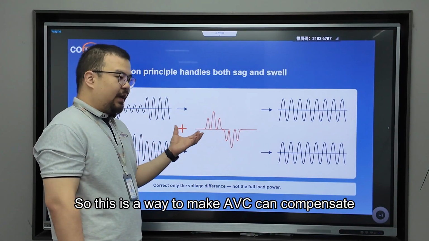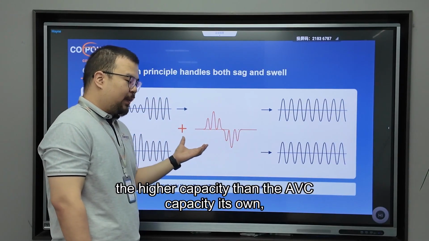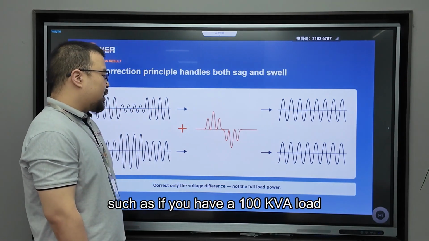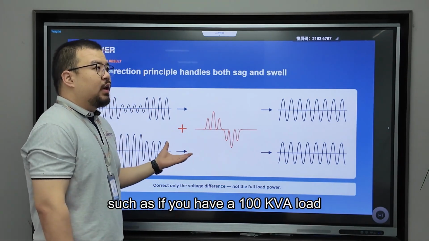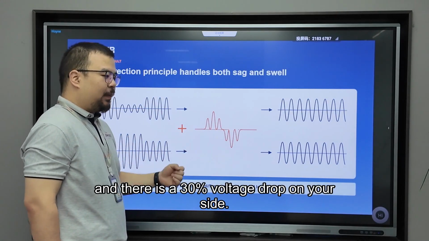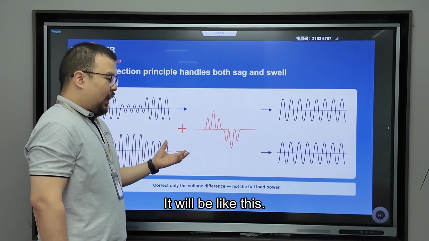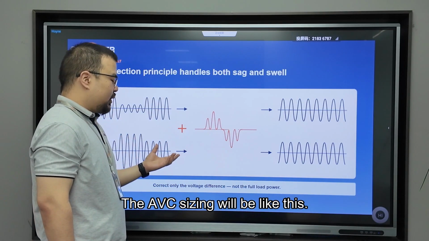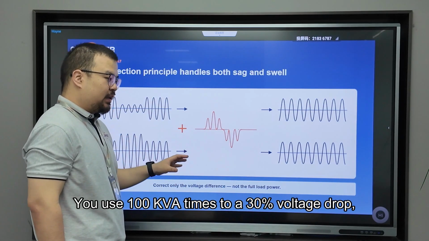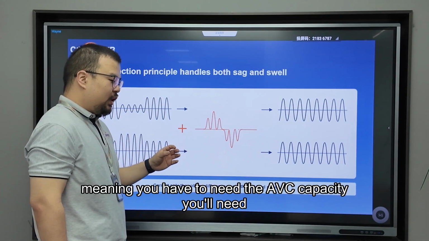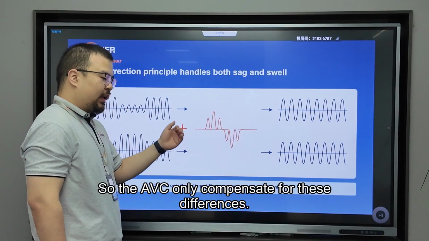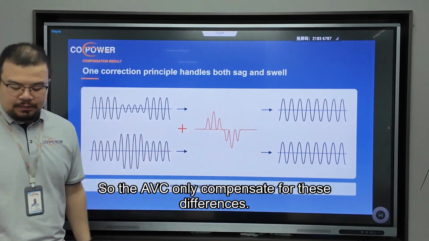So this makes the AVC able to compensate a higher capacity than its own capacity. Such as if you have a 100 kVA load and there is a 30% voltage drop, the AVC sizing will be 100 kVA times 30%, meaning the AVC capacity you need is 30 kVA. So the AVC only compensates for these differences.